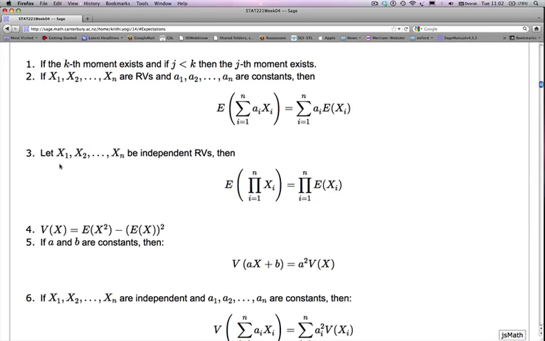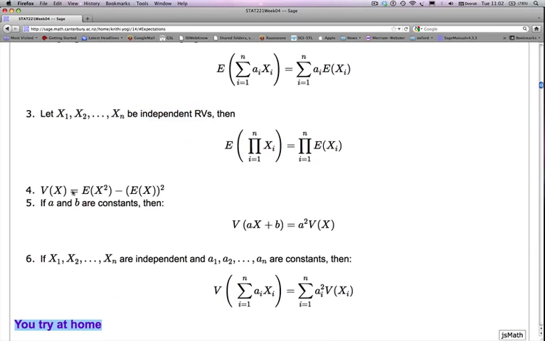The third property is if we have n independent random variables x1 through xn, then the expectation of the product of x1 times x2 up through xn is equal to the product of the expectations. Okay, so this again is a property of the expectation for independent random variables.